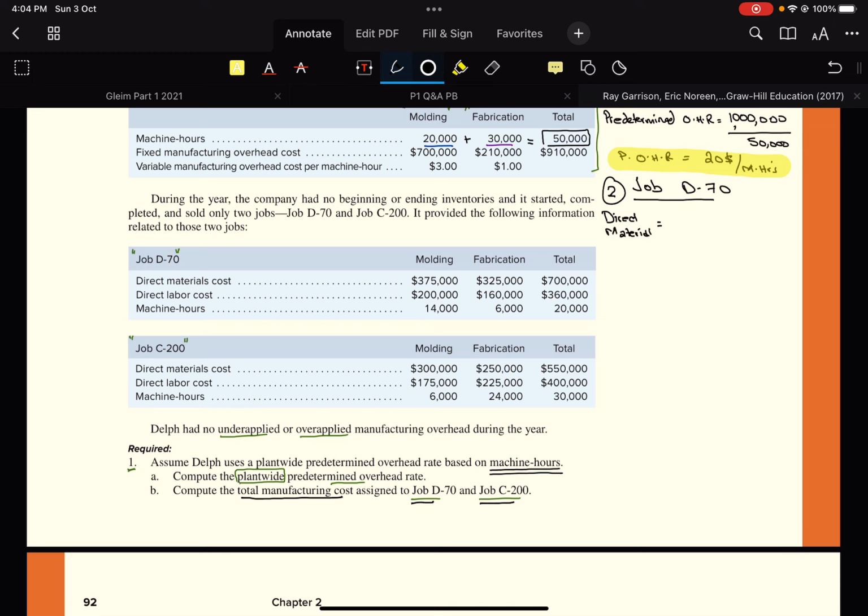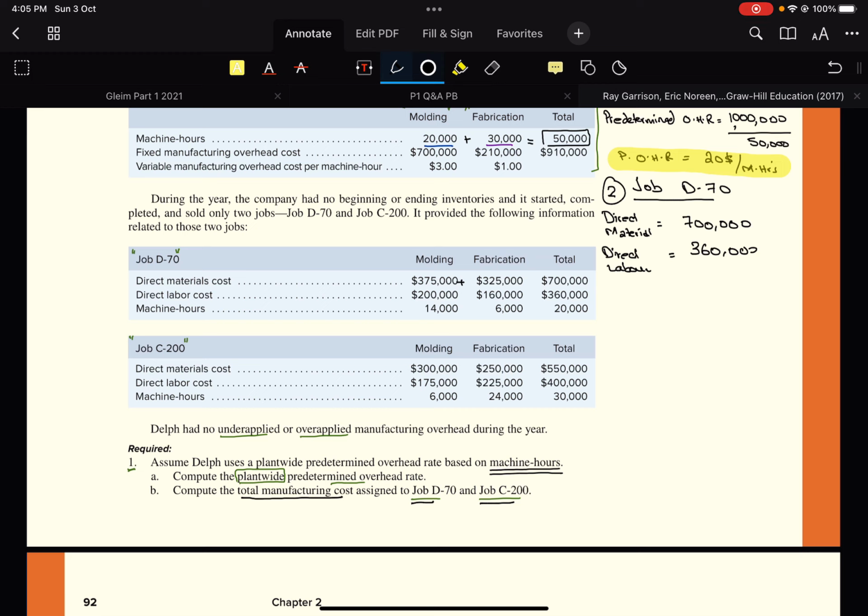The direct material for job D70 is 375,000 in molding and 325,000 in fabrication. So 700,000 is your direct material cost. Then there is direct labor, which is given as 360,000.